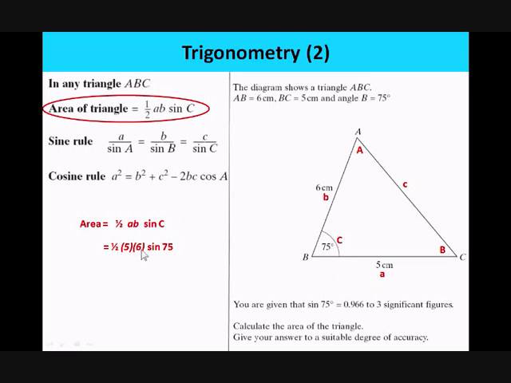Area equals a half times 5 times 6 times sine of 75. Now they've told us that sine 75 is 0.966, so we can put that in and work it all out. This first bit comes to 15, so we've got 15 times 0.966, which is 14.49 centimeters squared.